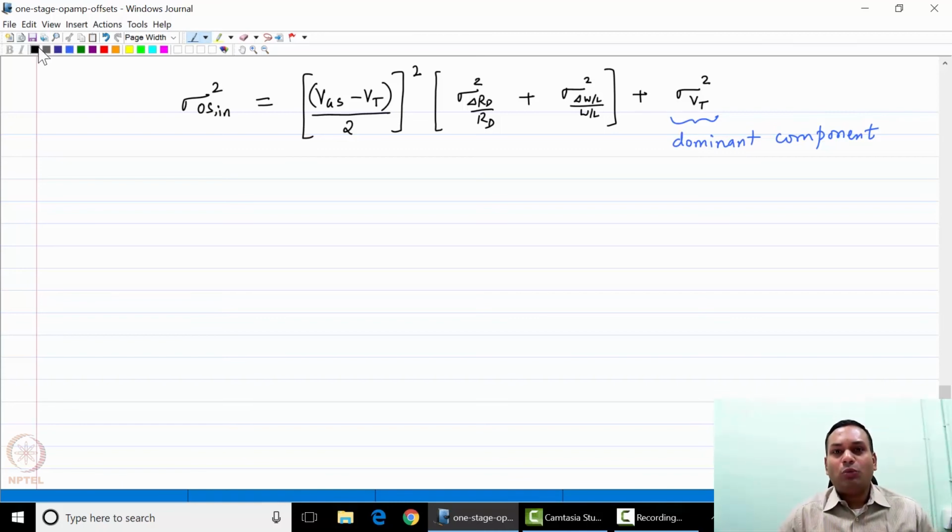Now, suppose you were to build a single stage op amp. The input, of course, is a differential pair, but instead of a resistive load, you actually have a current mirror. Now, let us see what would happen if you had a one stage op amp.